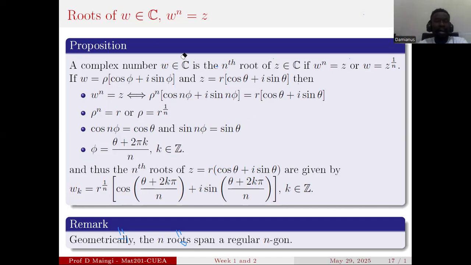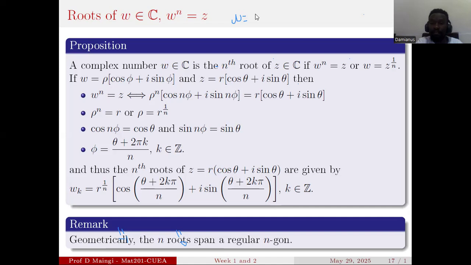Like, if I give you a complex number Z, I could ask you to find Z raised to power 1 over n. That's the nth root of Z, all right? That's basically what we're looking at here. So a complex number W is the nth root of Z if W to the power n is Z, or W is Z raised to power 1 over n.